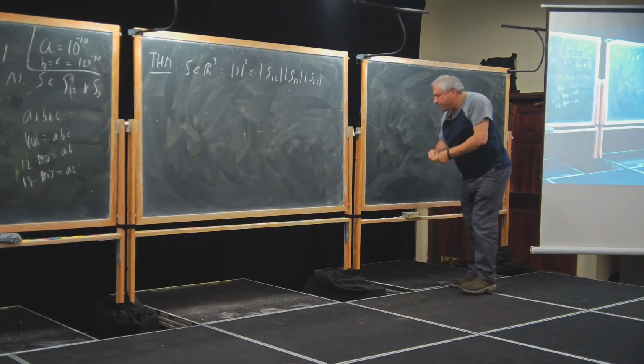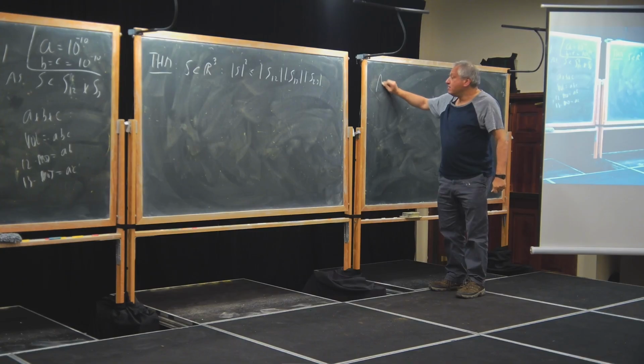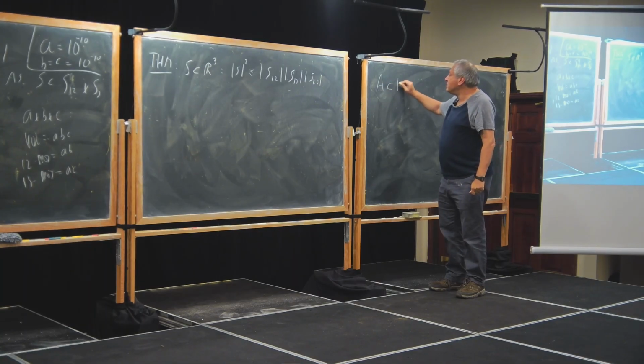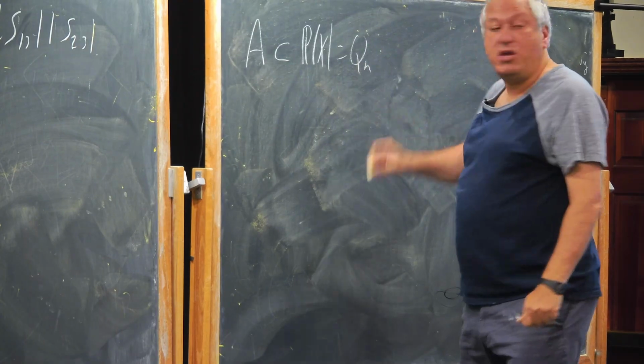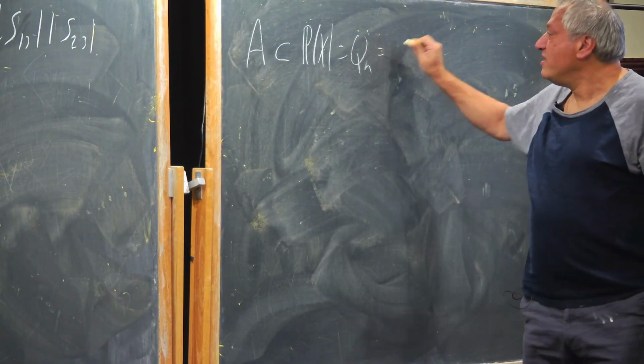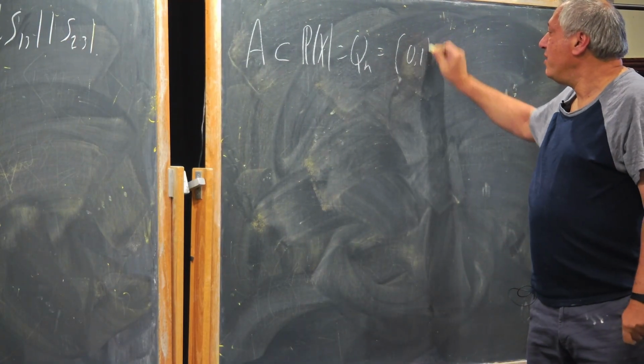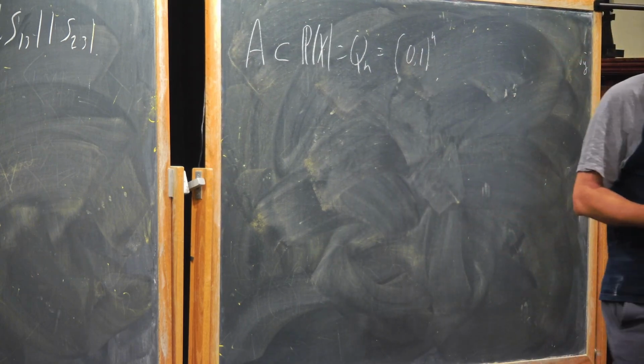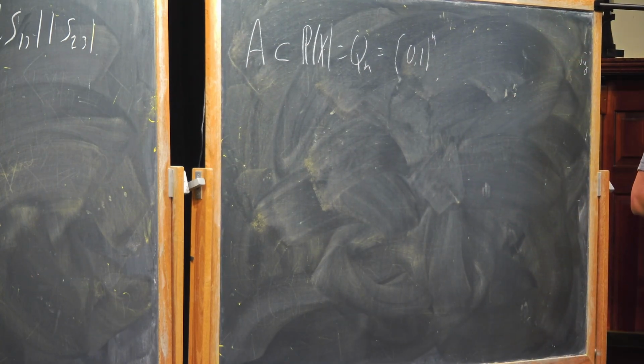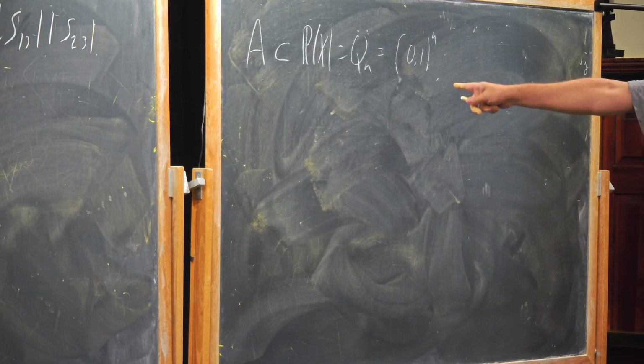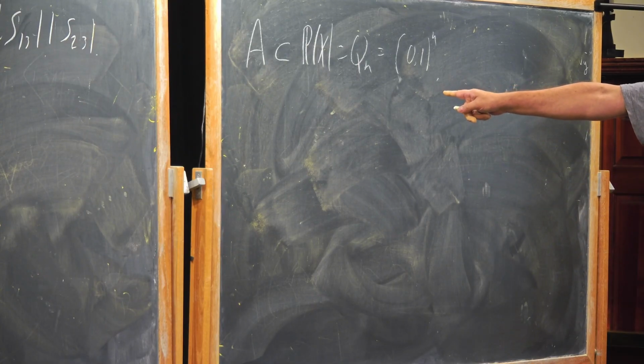It's because if I give you some family of sets, A, living inside the power set of X, or if you prefer Qn, or if you prefer 0, 1 to the n, that gives an obvious body in n-dimensional space. You just put down a unit cube whose bottom left corner is your 0, 1 sequence.